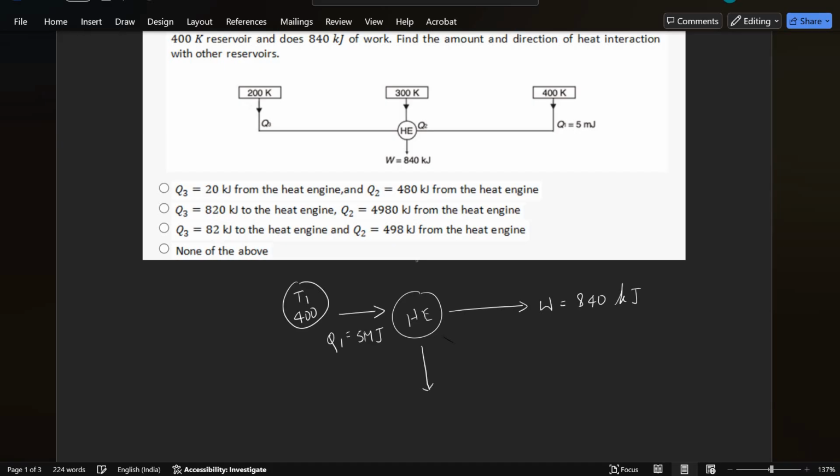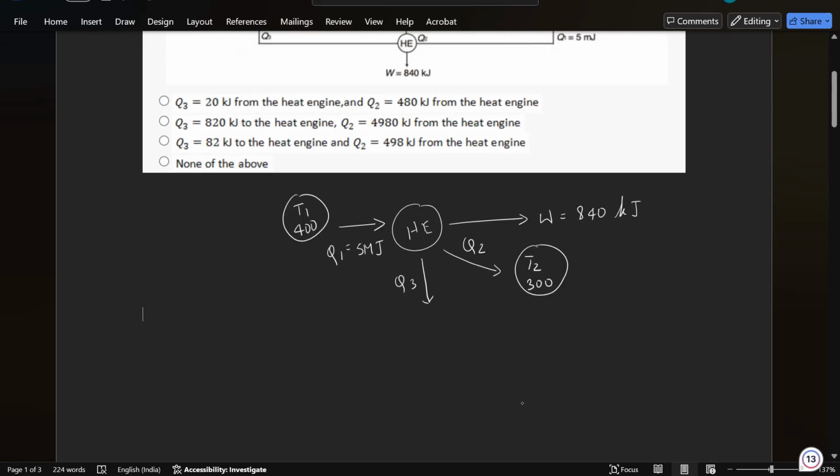Okay, so we'll call the other two reservoirs T2, which is 300 Kelvin, with heat Q2, and T3, which is 200 Kelvin, with heat Q3.